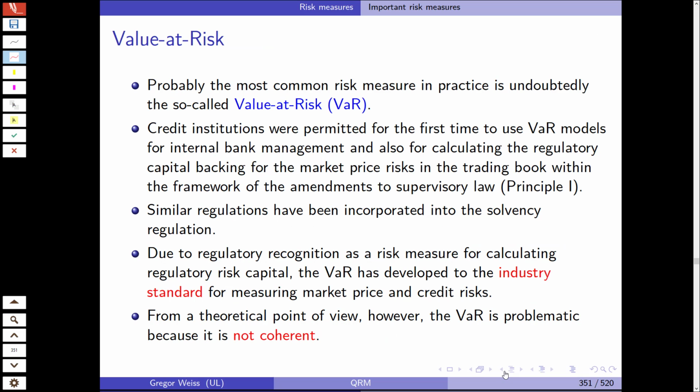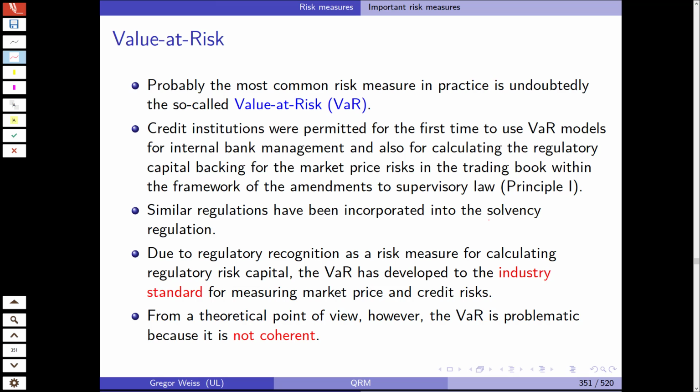What we can do next is look at the most common risk measure in practice, the so-called value at risk, or simply VaR. Credit institutions, banks, are permitted, or were permitted, to use VaR models for internal bank management and for calculating regulatory capital for the market price risk based on supervisory law, Principle 1, Grundsatz 1 in German banking law.